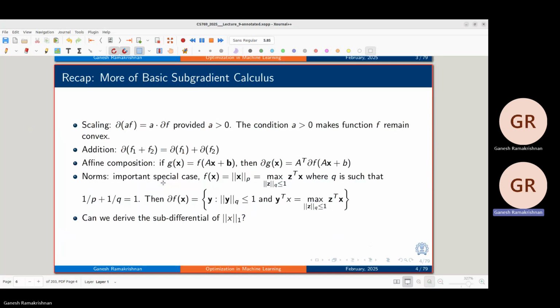Just look at this, right? So what happens if you set p equals 1? P equals 1 would mean q equals... p you set to 1, Q should tend to infinity, right? So P equals 1 implies Q tends to infinity.